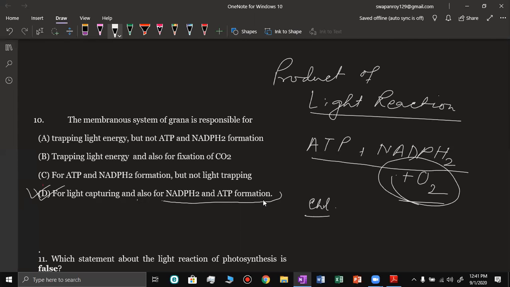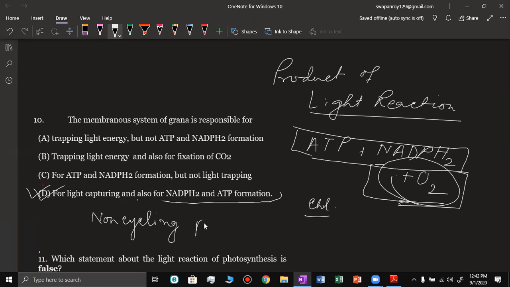And this production of ATP and NADPH2 associated with oxygen is only carried out by non-cyclic photophosphorylation.